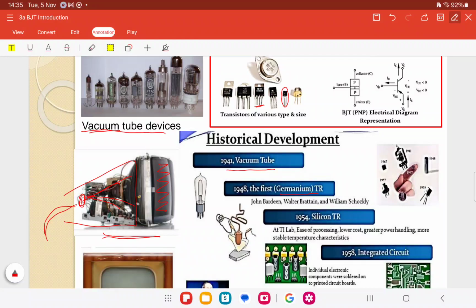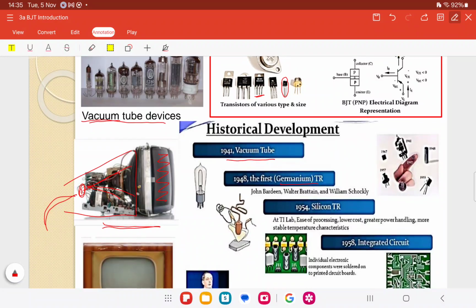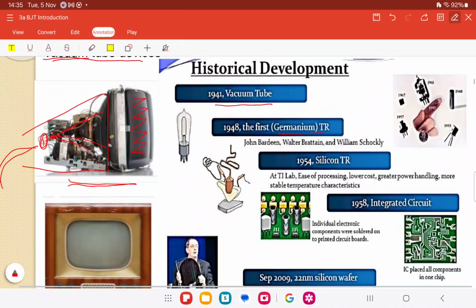The old transistors were big, which is why old computers were big too. Then they discovered silicon and developed it from germanium, because silicon is more reliable and more stable, easier to integrate, and its signal is more accurate compared to germanium.